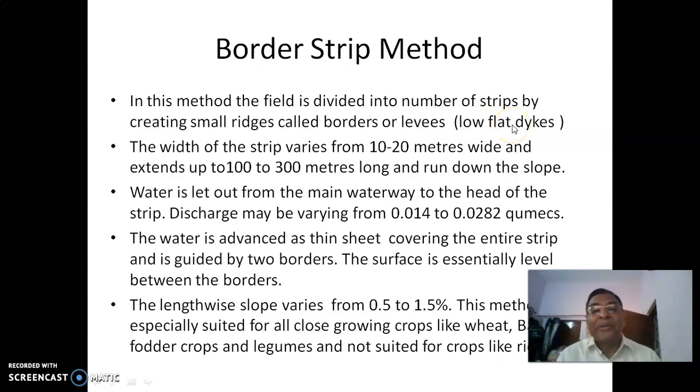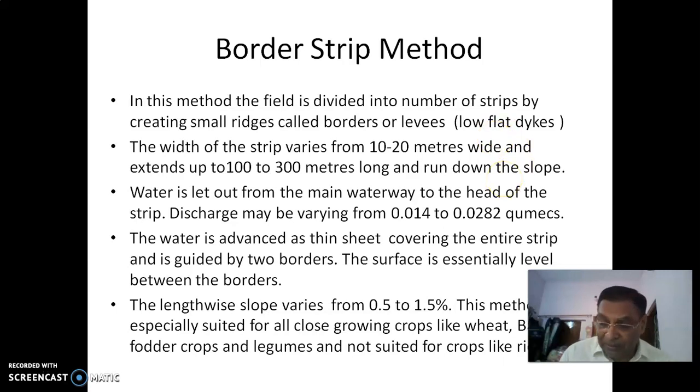So the entire field is divided into a number of strips. The width of the strip varies from 10 to 20 meters wide, and they extend up to 100 to 300 meters long, and run down the slope.